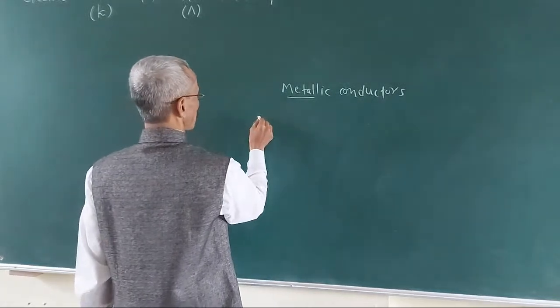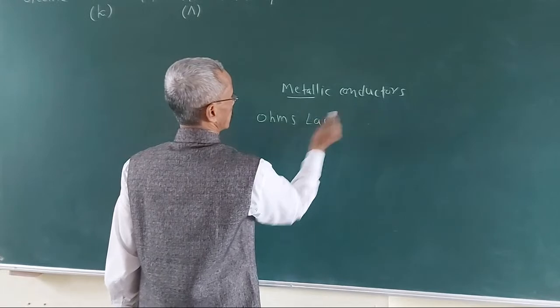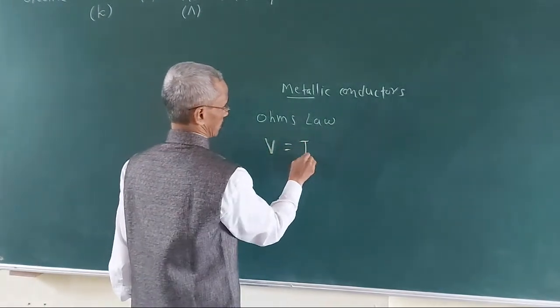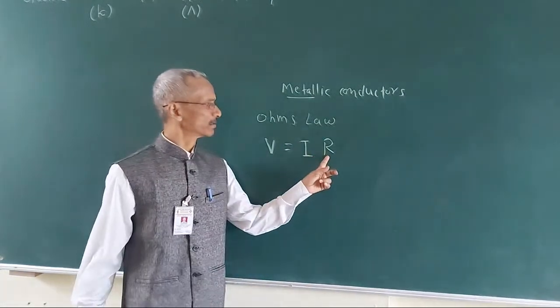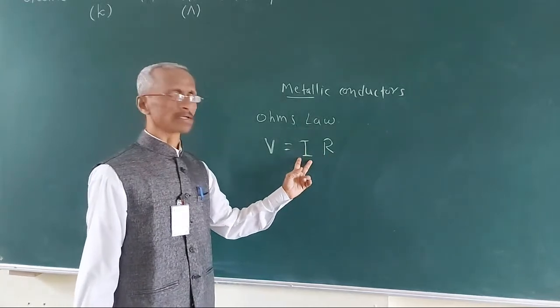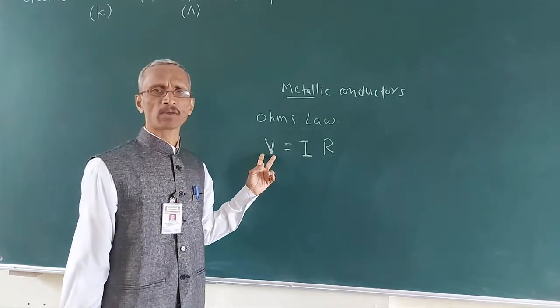Now consider Ohm's law. This law relates the resistance of that particular conductor, the current flowing through the conductor, and the voltage applied across the conductor.